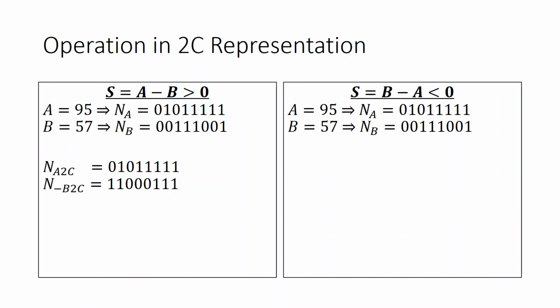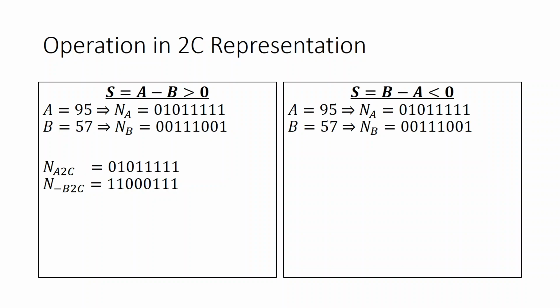So we are adding two numbers in twos complement representation: one being the twos complement representation of a, and another being the twos complement representation of minus b.